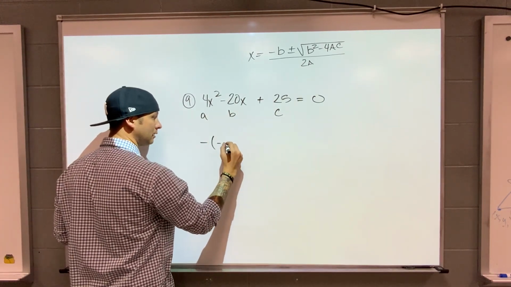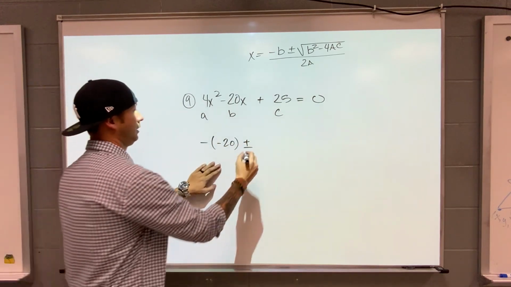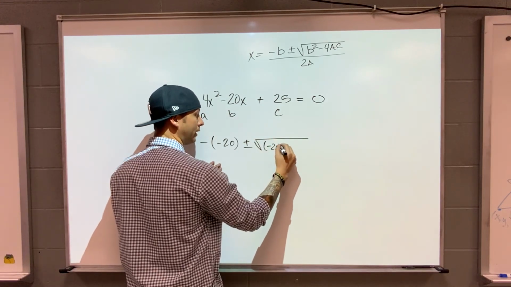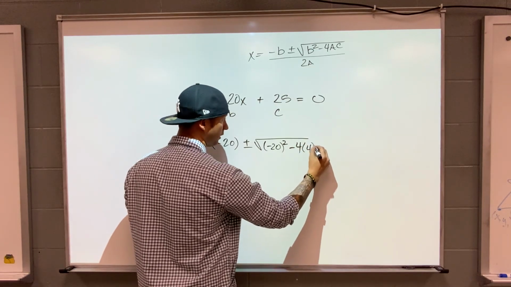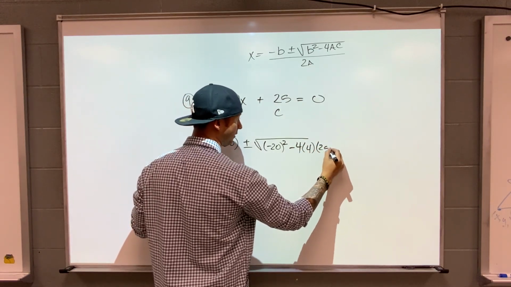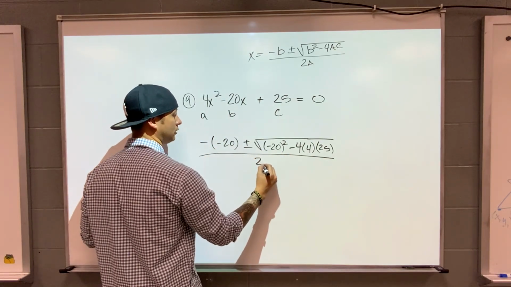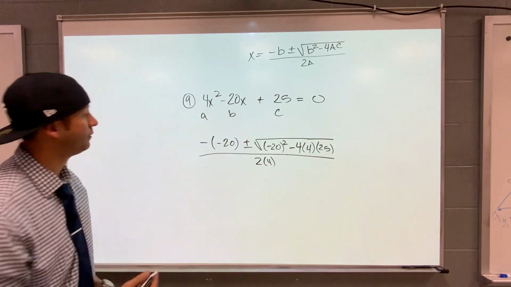Minus negative 20 plus or minus the square root of B squared, so negative 20 squared, minus 4A, which is 4, C, which is 25. It's going to be a big number for sure. And this is 2 times A, which is 4, so this will be 8 eventually.